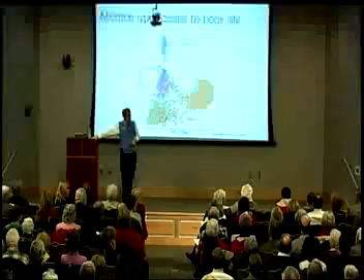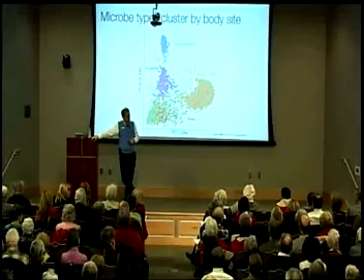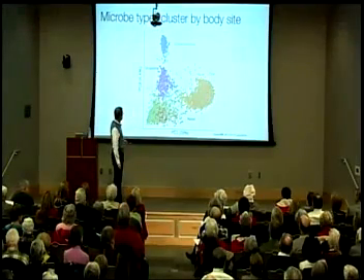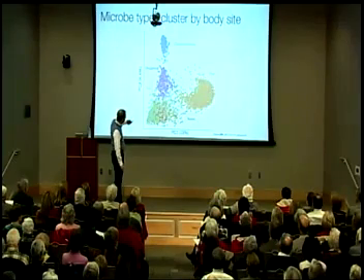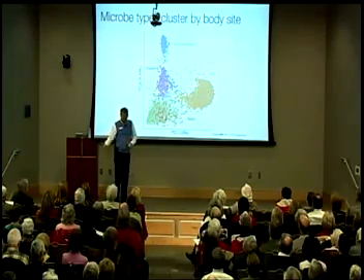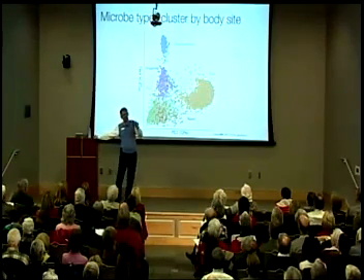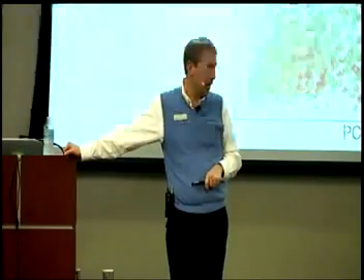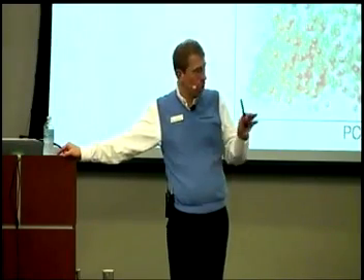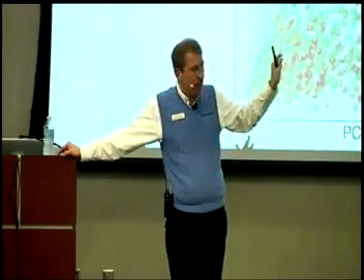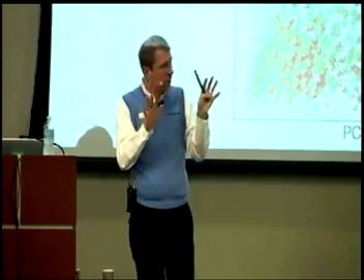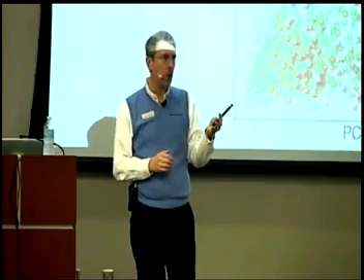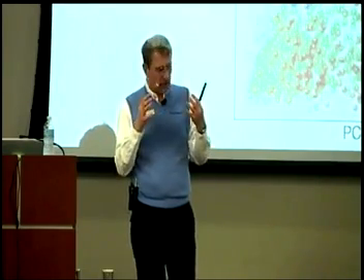Mark? Do the outliers have stories behind them? For example, we've got one little skin one that's right in the middle of the oral. Yeah, and there's one right there. Yeah, that's a good question. The paper doesn't dig into the individual outliers. There are some anecdotal stories about some of the outliers that seem to suggest that there are some uniqueness, maybe some really unusual diets or some interesting family histories.